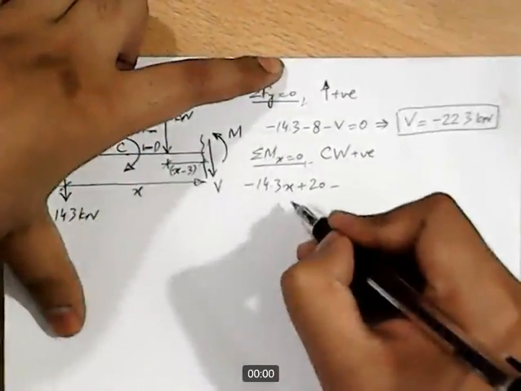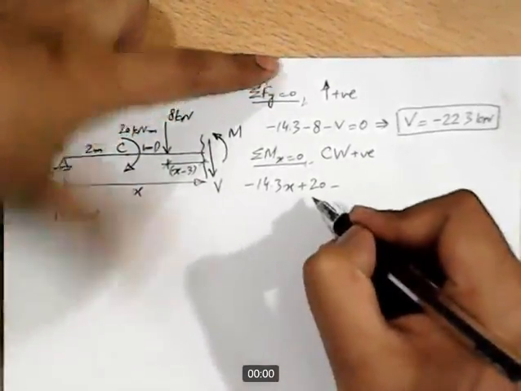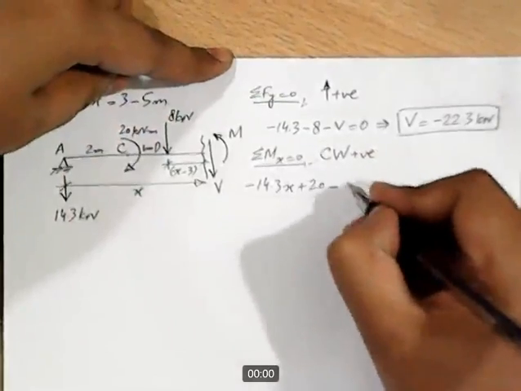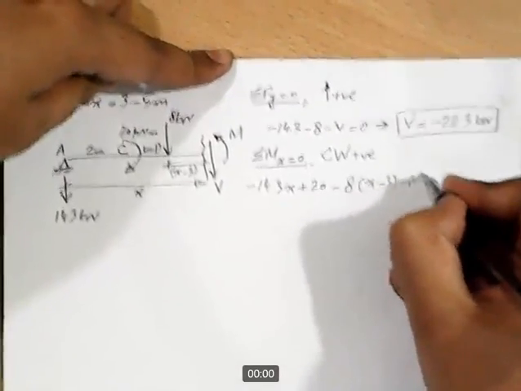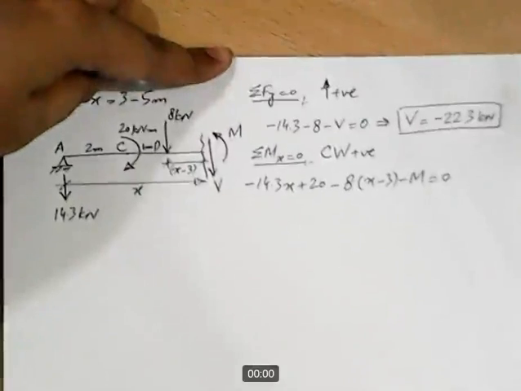So minus 14.3x plus 20 minus 8 into x minus 3, and then minus M equal to 0.